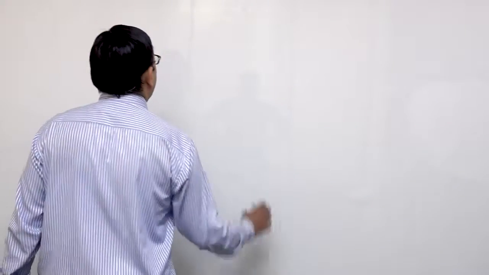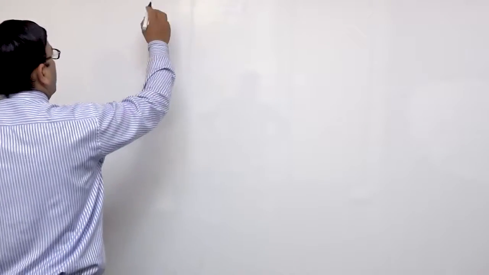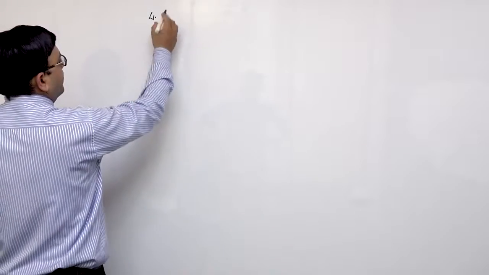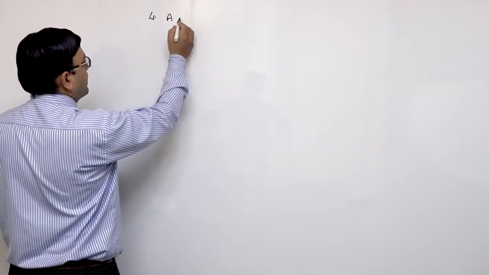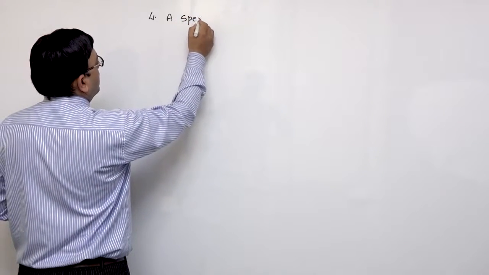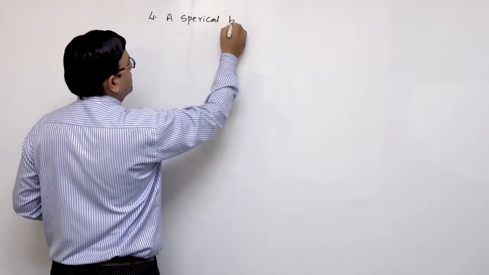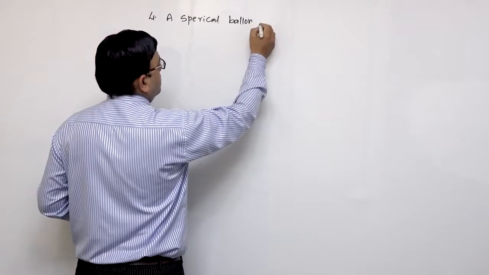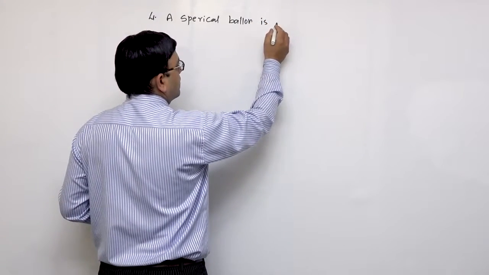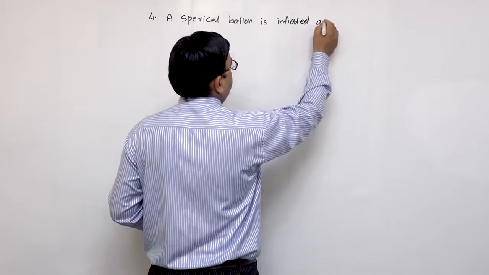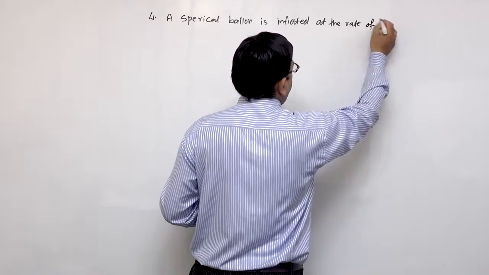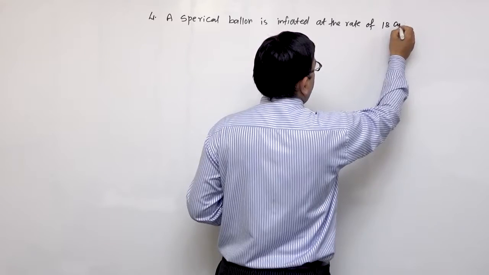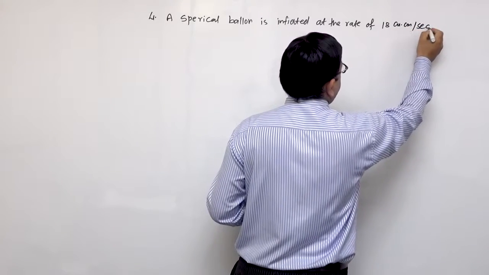Students, now we are going to start another question, that is question number 4 or example 4. This is also a different type of question, so look very carefully. A spherical balloon is inflated at the rate of 18 cubic centimeter per second.